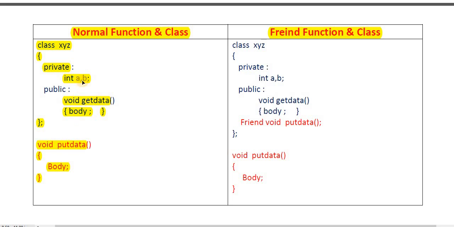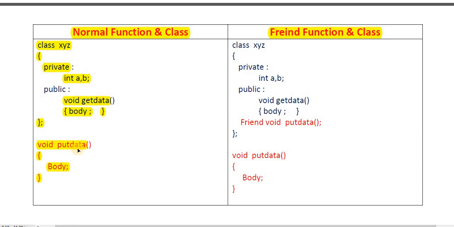It cannot use the A and B variables, and it cannot use the get data function, because put data is written outside the class body. But if you want to make the put data function use the members of the XYZ class, then you have to make put data a friend of the XYZ class.